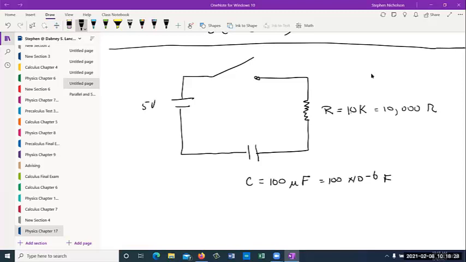So let's multiply these two things together, R times C. That's 10,000 times 100 times 10 to the minus 6th. If you multiply these two things together, they have units of seconds, and I get 1. How about that? So I was trying to do something like that. 1 second.